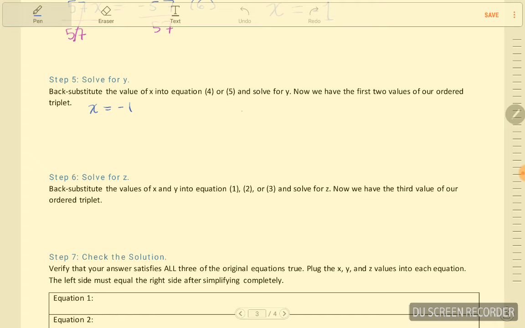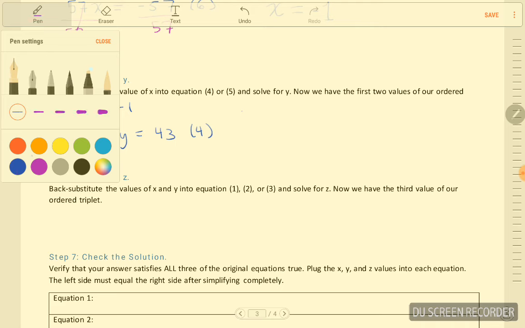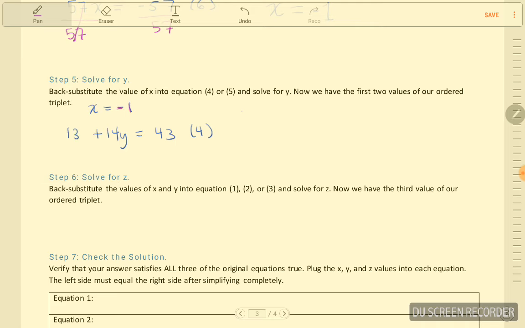So equation 4, which is 13x plus 14y equals 43. And I'm going to replace the x value with -1. Okay, so my -1 is going to go right here.